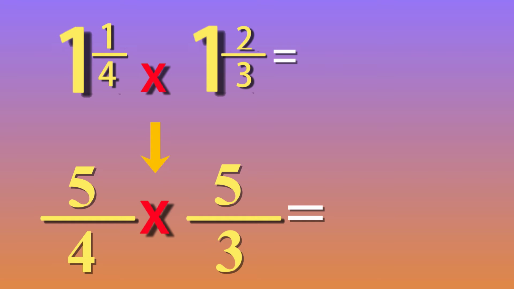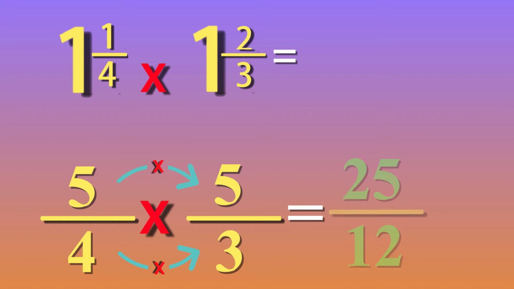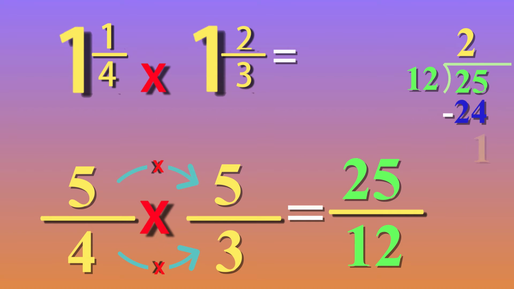In step 2, we multiply these improper fractions, and that's done by simply multiplying numerator by numerator and denominator by denominator. That gives us 5 times 5 over 4 times 3, which equals 25 over 12. This is an improper fraction, so we need to convert it back to a mixed number, and that's step 3. We do this by viewing it as a simple division problem. 12 goes into 25 2 times with a remainder of 1.